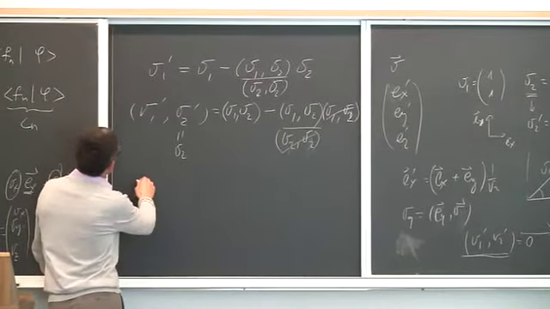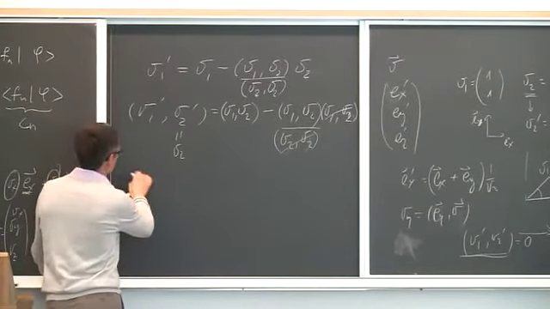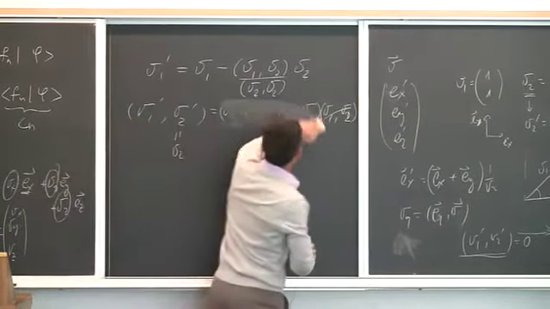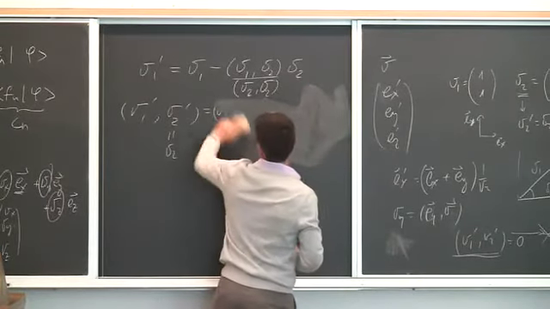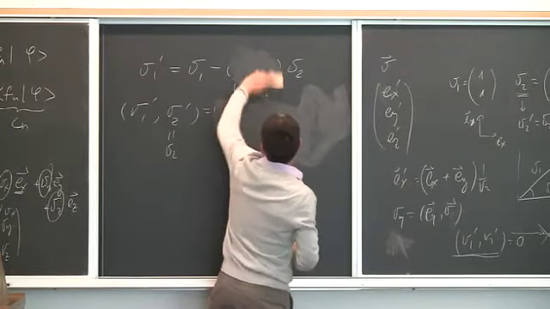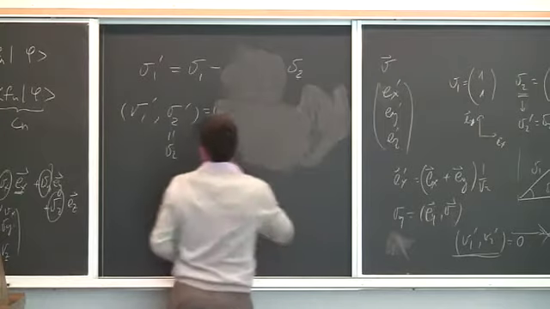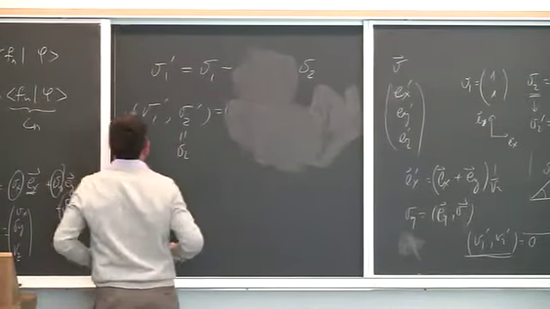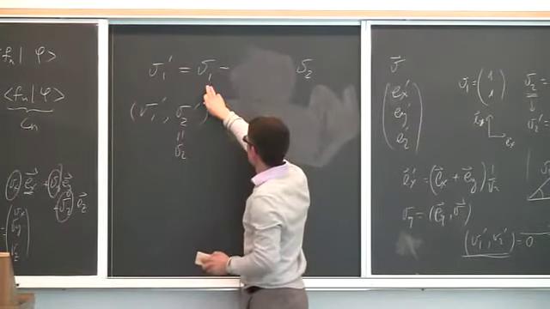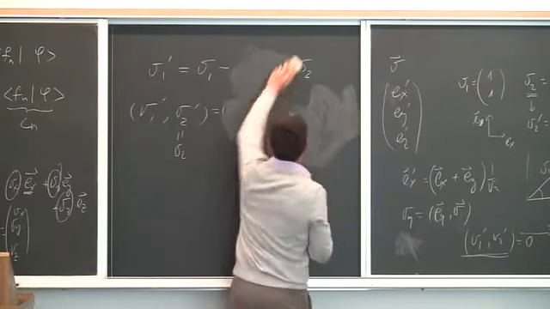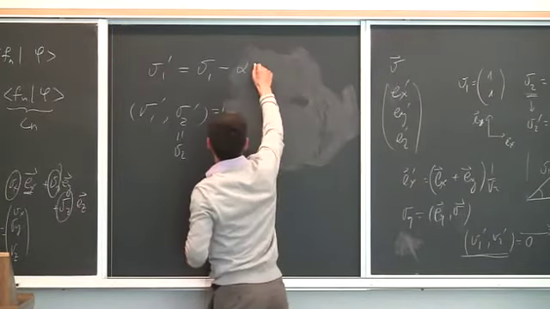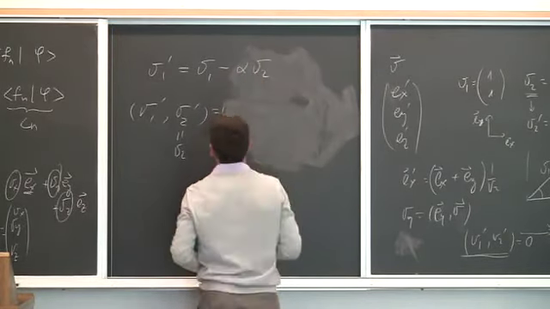Just a second. Let me do this algebra carefully. Let's say we would like to modify V1 prime. We take V1 and we subtract some component of V2.